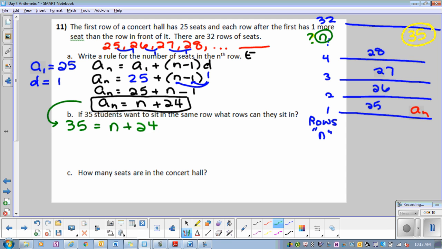Thank you, Ethan. All I did was plug it into the formula. But a sub n, which is the number of seats, is 35. So I plugged in 35 there. How do I solve? Subtract. So then n equals what? 11. So the 11th row is technically where they can first all sit together.